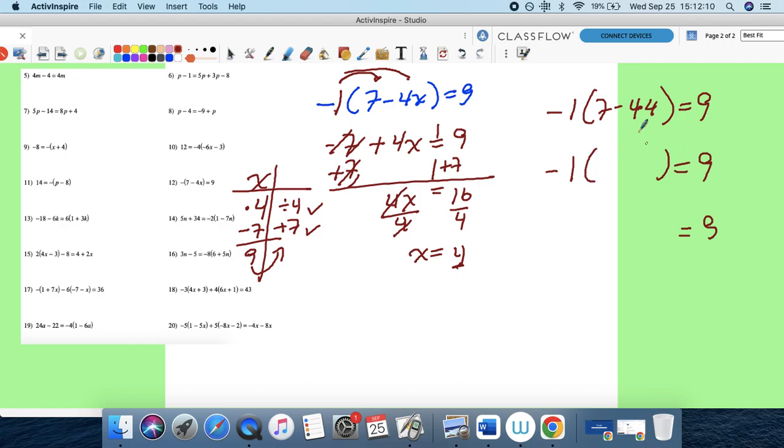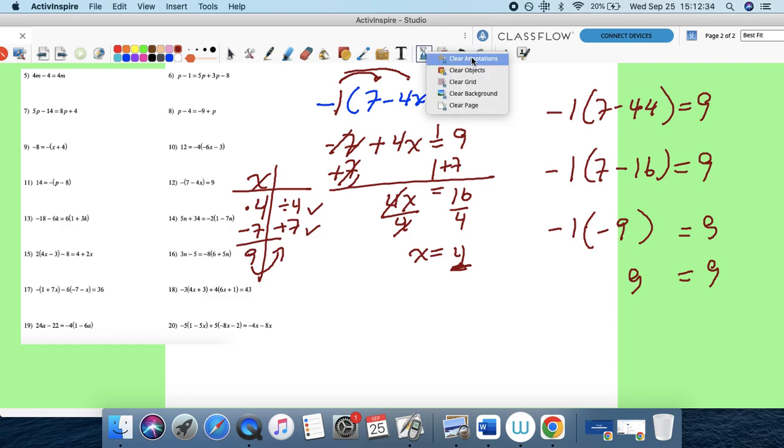So inside the parentheses, we have 7 minus 4 times 4 is 16. Let's continue working inside the parentheses. And inside the parentheses, 7 minus 16 is negative 9. And then the last thing we do, well, it's a negative 1 times negative 9, and negative times a negative is a positive, and look at that. Left side equals right side, so our answer that x equals 4 was correct.